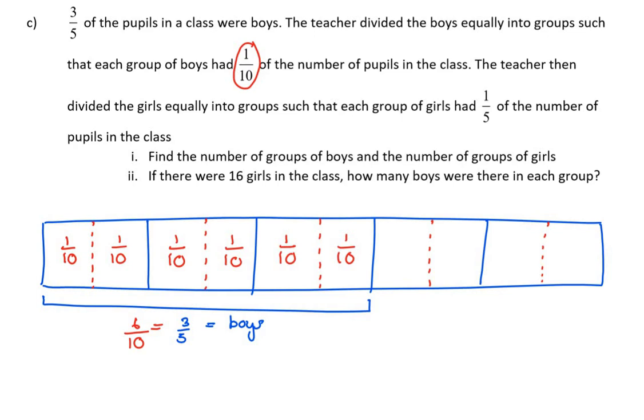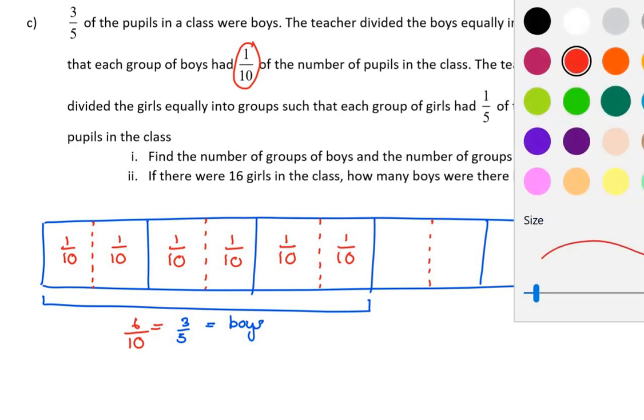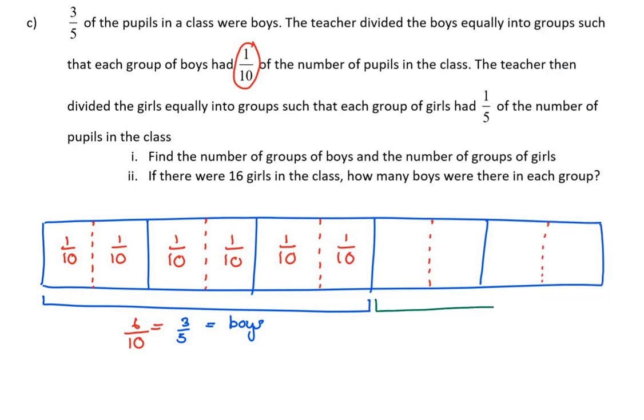The teacher then divided the girls equally into groups such that each group of girls had 1/5 of the pupils in the class. So the girls, this entire group there are girls, but she's dividing up all those girls into groups so that they represent 1/5 of the whole class.